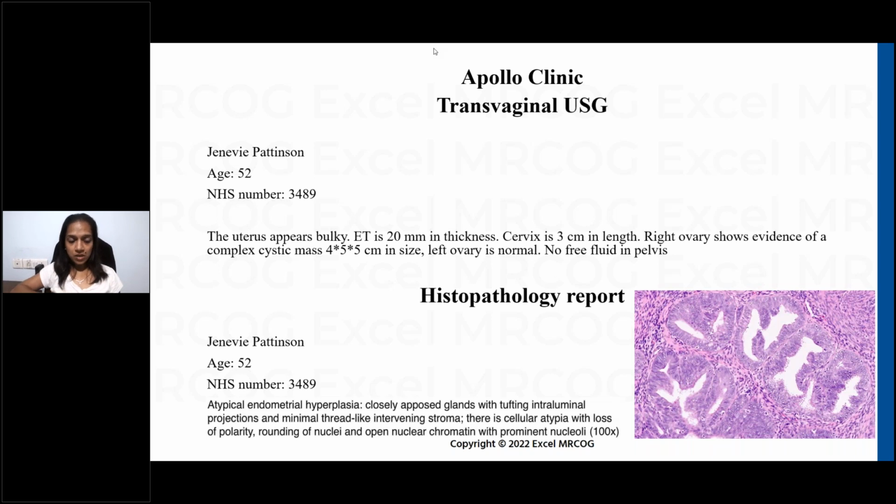Now, this is a case where the consultant wants to discuss with you a 52-year-old lady who has menstrual disturbances. The GP has referred her to the consultant because the GP thinks that she has perimenopausal dysfunctional uterine bleeding, and he started her on tranexamic acid, which is not helping her, and the scan report is attached.